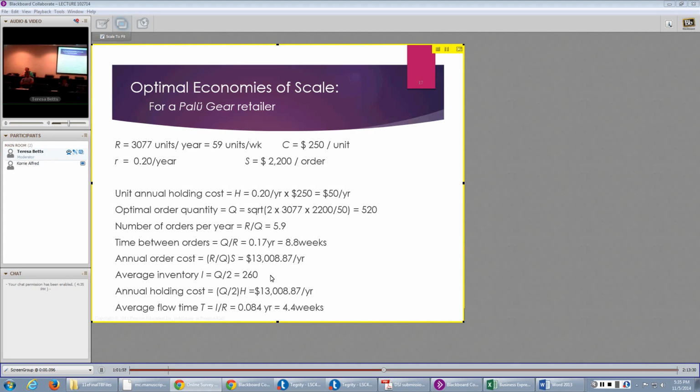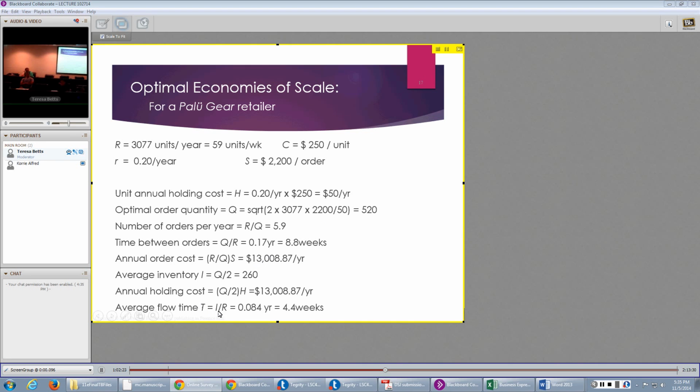If EOQ is 520, divided by 2, that means our average inventory is 260. My annual holding costs are going to be my average inventory times the cost to hold a unit. So 260 times 50 is going to give me 13,008. If you remember, that's one of the keys that we talked about in 343: if we do EOQ right, our annual ordering costs and our annual holding costs are actually equal to each other at EOQ.